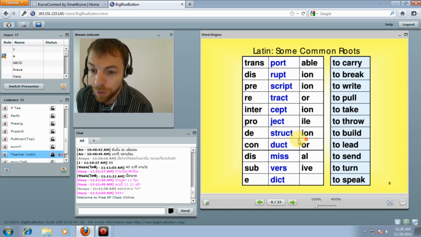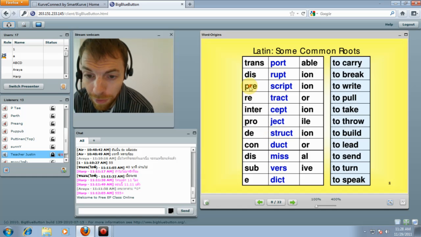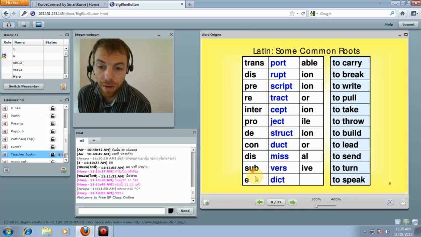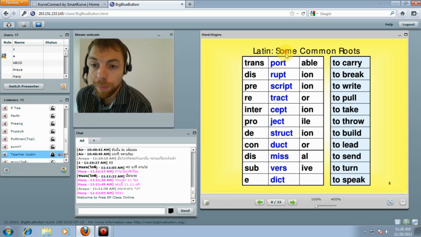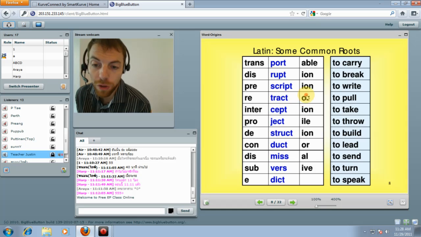Struct is build. So construction is building something. Destruction is breaking something. So if you notice this first column of words, these are all prefixes. So these are part of a word that you combine with a base word or a Latin word to make an English word.